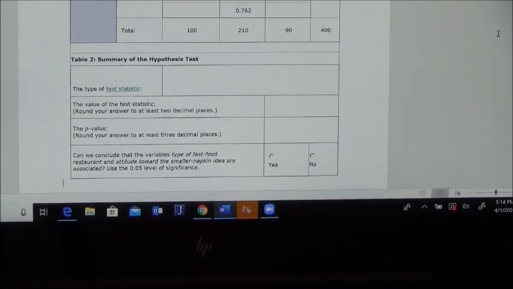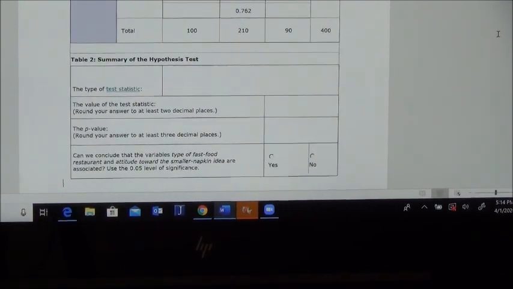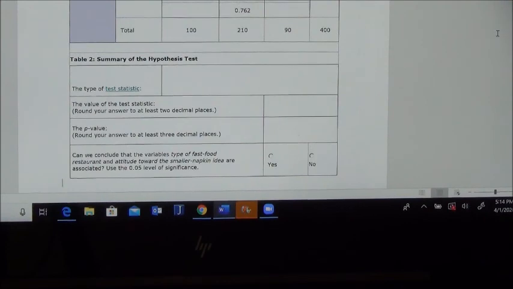So if we look at our p-value, it is 0.003. 0.003 is less than 0.05, which means we would have to accept the alternative hypothesis and not the null hypothesis. So the question says, are they associated? Your null hypothesis would be that no, they are not associated, and my alternative hypothesis would be yes, they are related.